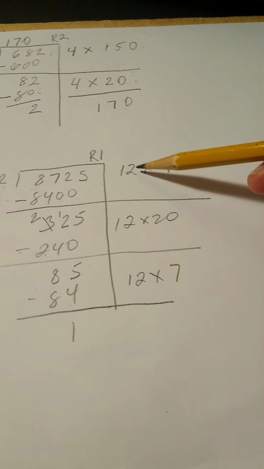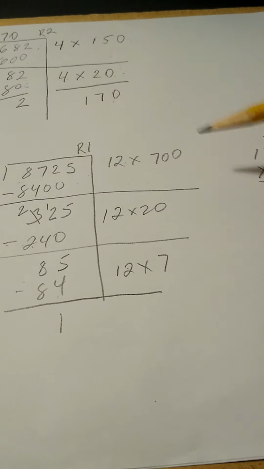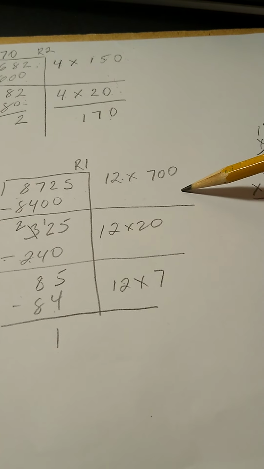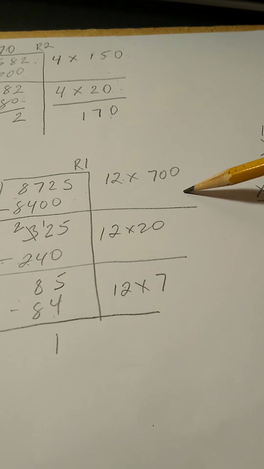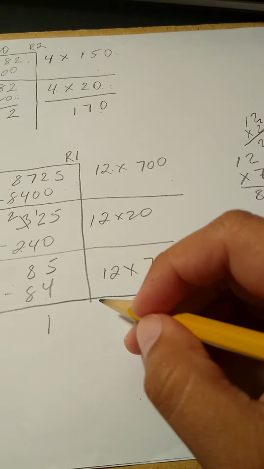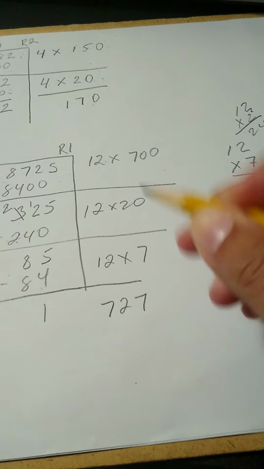As I mentioned again, you do not add the 12s. You are adding the partial quotients. The answer for this is 727.